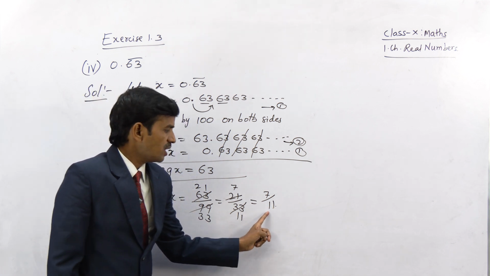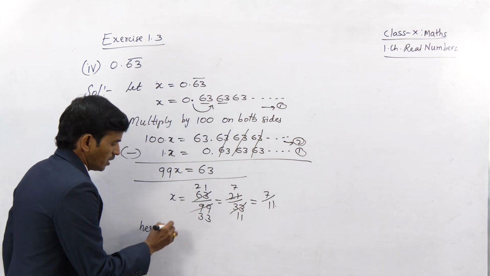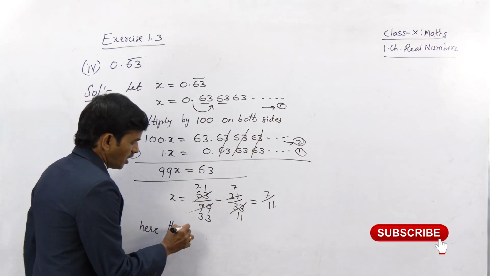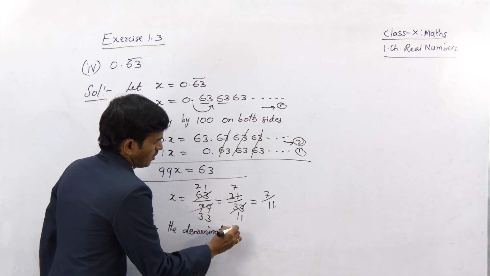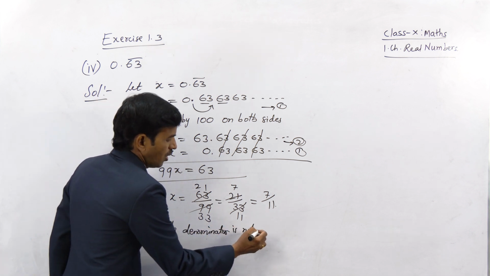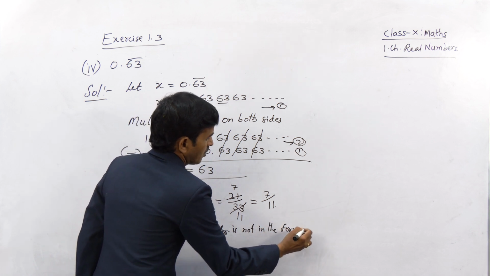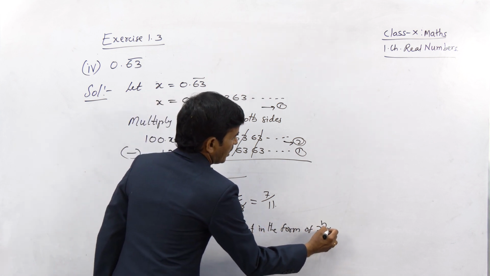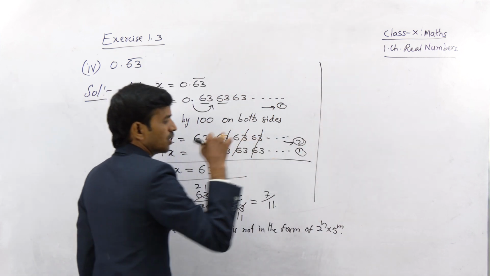So this denominator is not in the form of 2 power n into 5 power m. So what can you conclude?